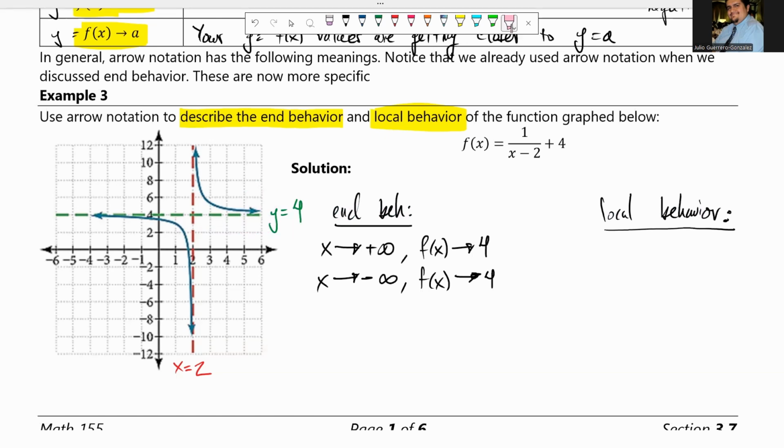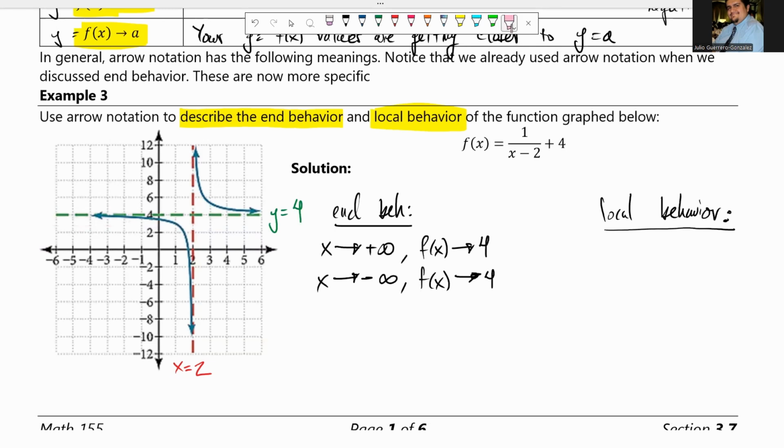And this portion, as it goes that way and we keep going, is the second portion of our explanation. That is us describing the end behavior of this function.